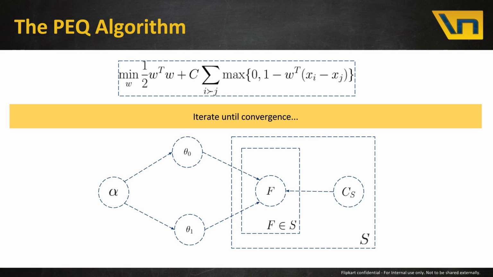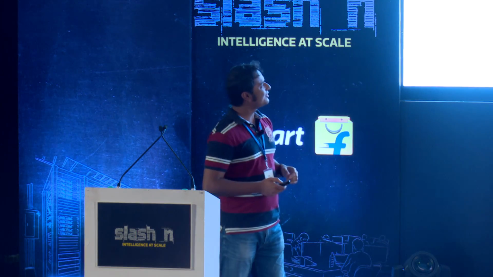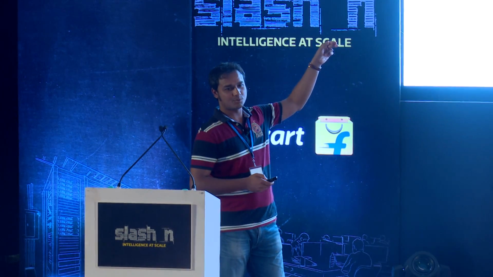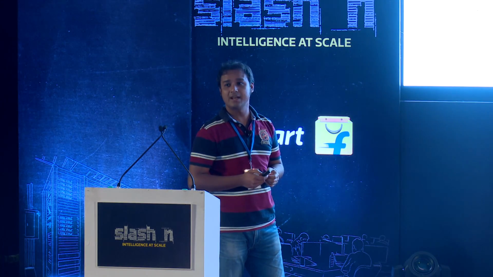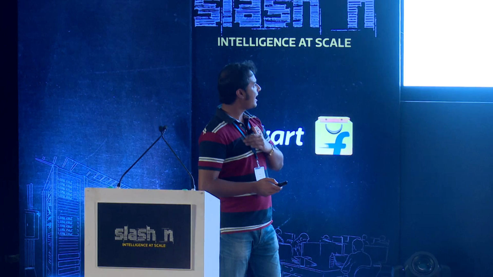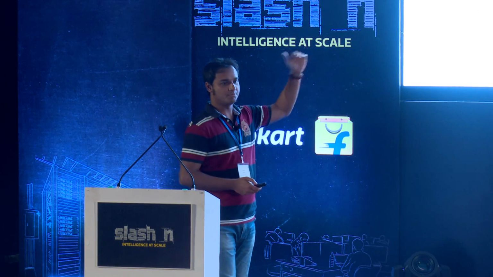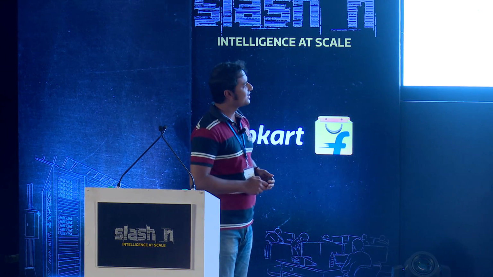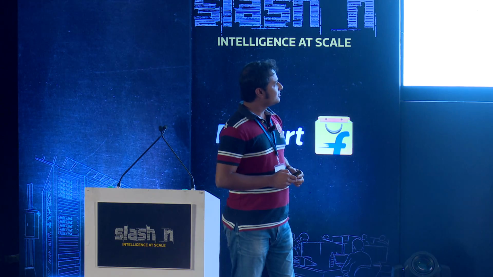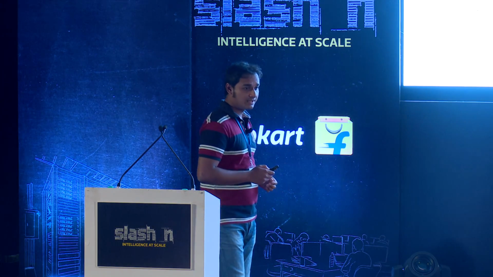You initiate your language model with that. You don't have to understand all the equations here. All you need to know is that the W that was the output of the first block is used in the language model as well, and at the end of it, it's going to give you another W, which you pass on to the other block, and you iterate until convergence. That's pretty much how this particular algorithm works.